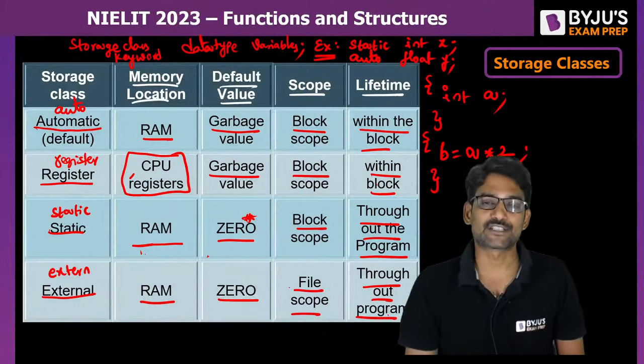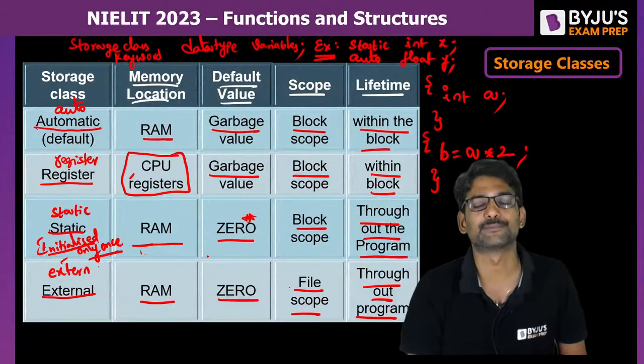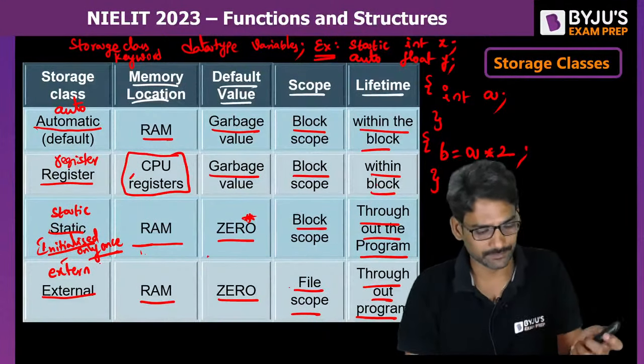Those variables exist in the memory. That's why static variables are initialized only once. That is, only the first time that static line gets executed, because the variable already existed.